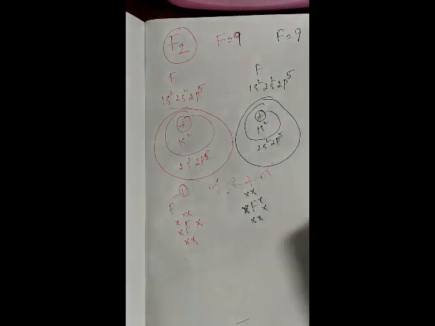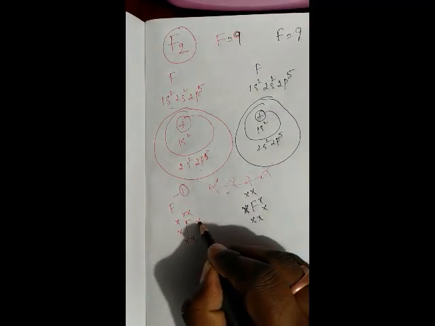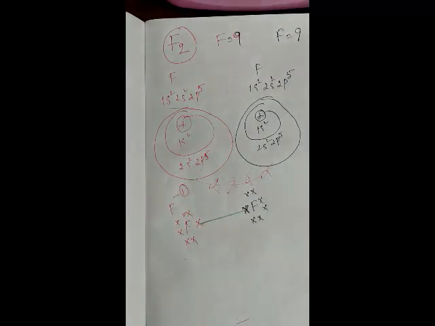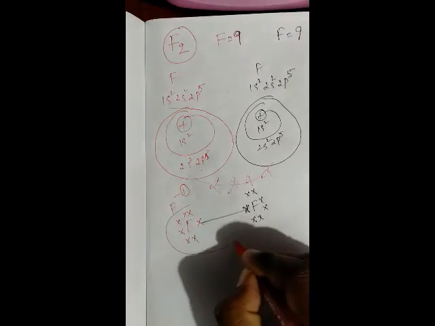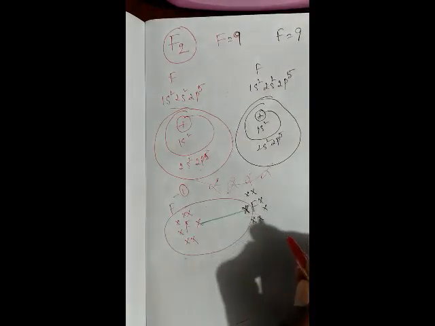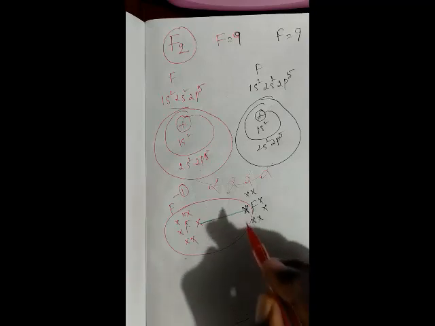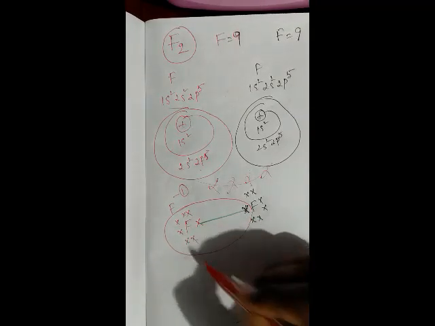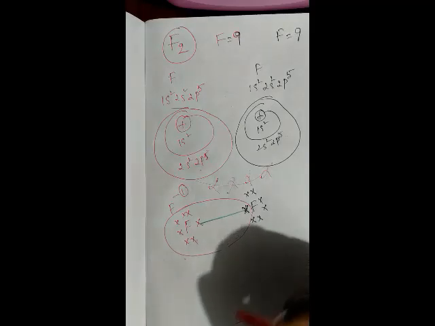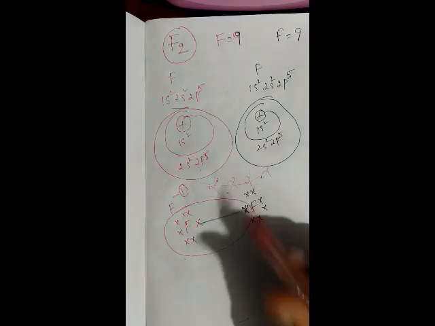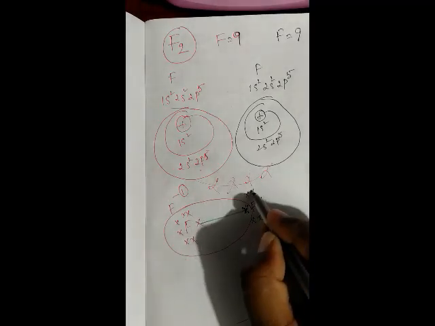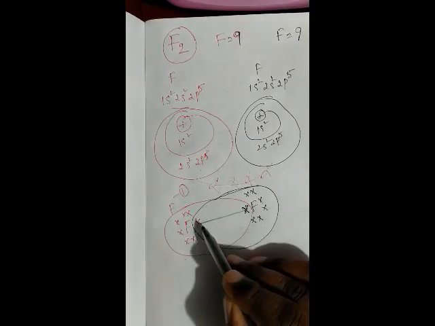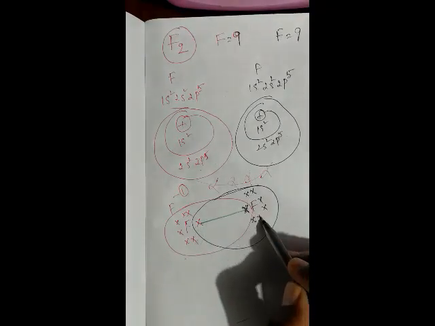Here this electron is shared. Now see the red circles: 1, 2, 3, 4, 5, 6, 7, 8. Now this fluorine will become stable. Next, the second fluorine atom, the black circles: 1, 2, 3, 4, 5, 6, 7, 8.